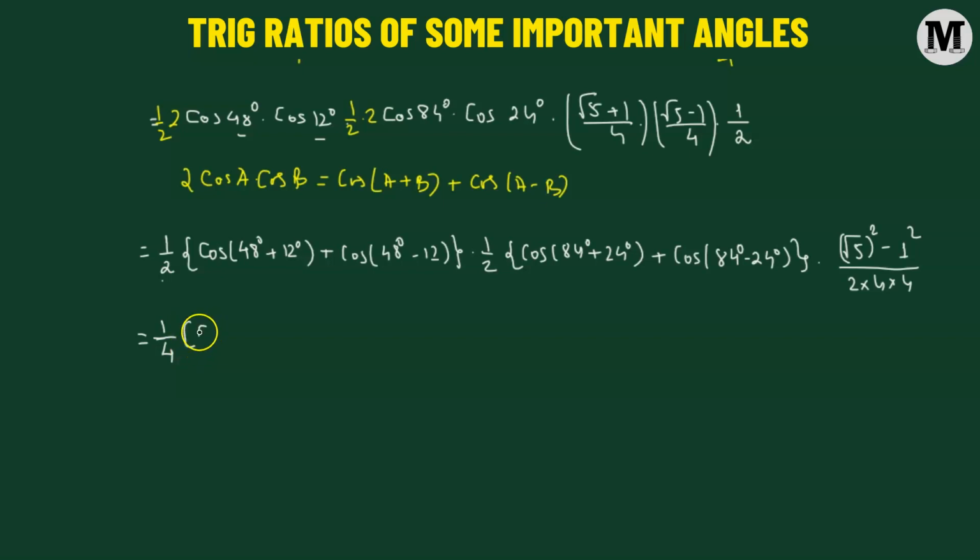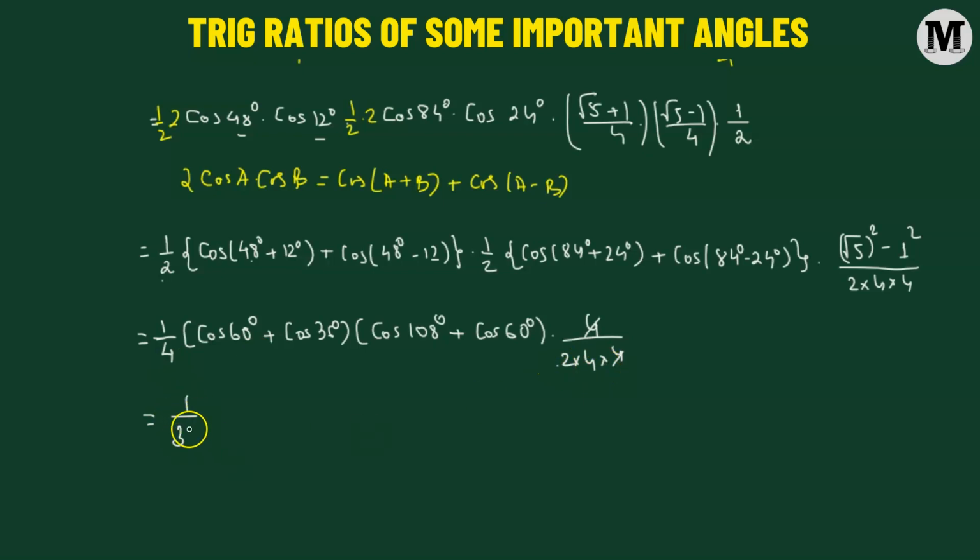So we have 1 over 4 multiplied by cosine of 48 plus 12, that's 60 degrees, added to cosine of 48 minus 12, that's 36 degrees, whole multiplied by cosine of 84 plus 24, that's 108 degrees, plus cosine of 84 minus 24, that's 60 degrees, multiplied by square root of 5 squared, that's 5, 5 minus 1 is 4, so we have 4 divided by 2 times 4 times 4. The 4 and 4 factor out. Now 4 times 2 is 8, 8 times 4 is 32. So there we have 1 over 32.